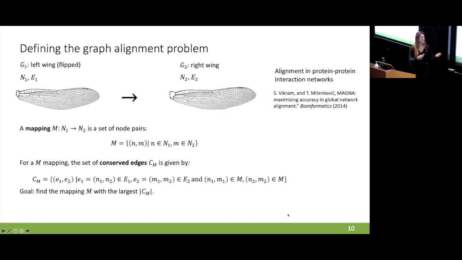So this is just, I'm looking at the number of edges where one edge is in the first graph, the other edge is in the other graph. And then if you look at the node pairs that make up that edge, you'll find them in this mapping M. So the goal is a combinatorial problem to find the mapping M with the largest CM.